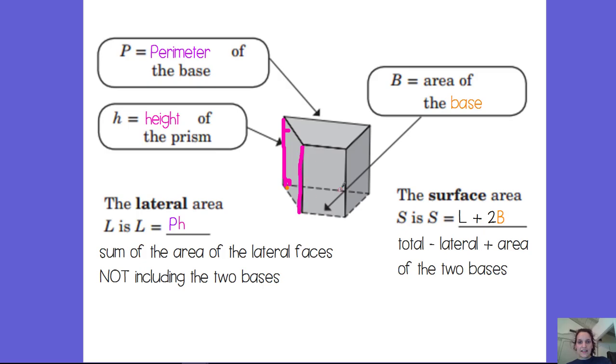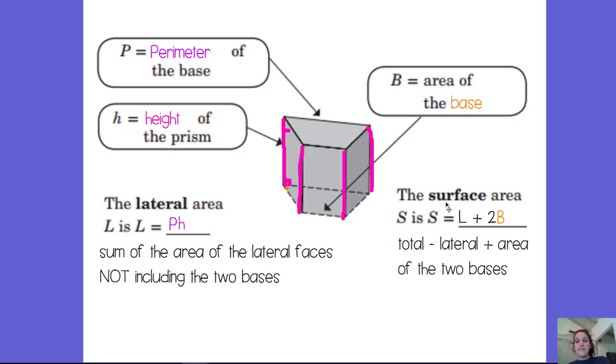So instead of calculating those four rectangles individually, it would be the same thing to just add up all of the lengths of the base and then multiply those by the height. So it's the perimeter of the base times the height.